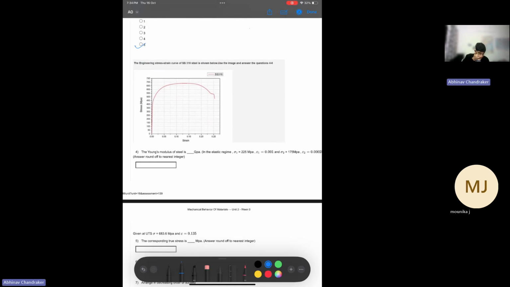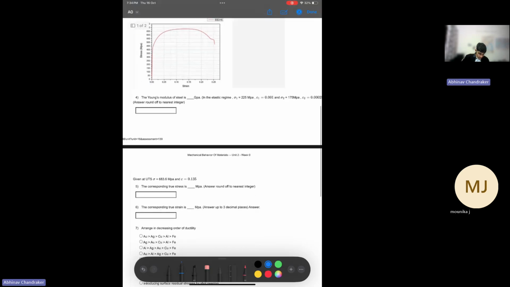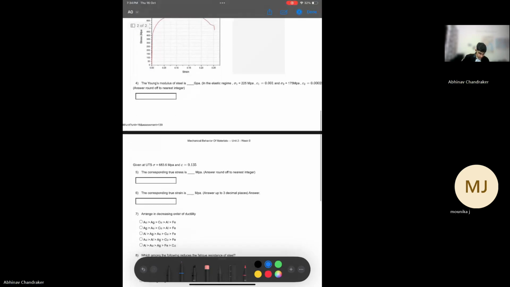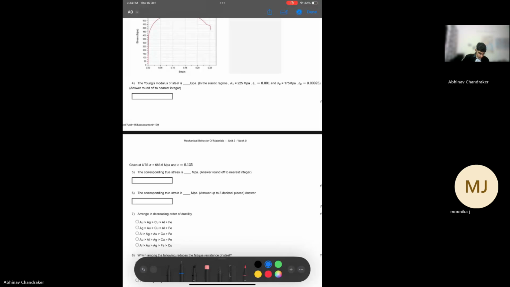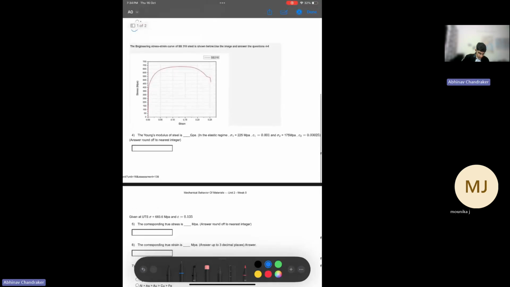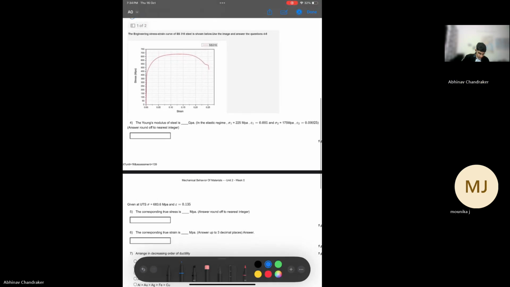Here, the engineering stress strain curve for SS316 is given. In question 4, it is asked what is the Young's modulus of the steel? Sigma 1, sigma 2, epsilon 1, epsilon 2 are given.